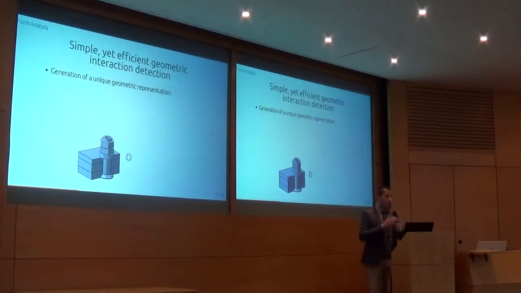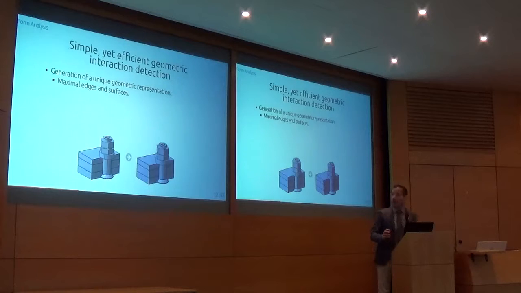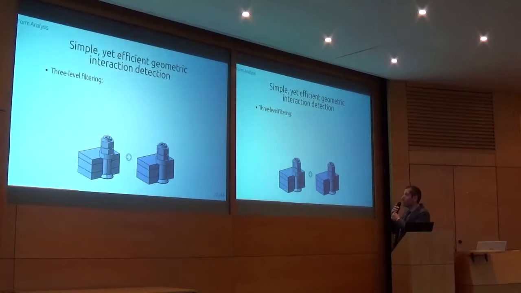Now this allows us to define a simple yet efficient geometry detection method, but before any detection can be made, we have to obtain a unique geometric representation of the model that we refer to as the maximum edges and surfaces representation. Once this is done, we go through a 3-level filtering to detect the geometric interaction that starts with a simple bounding boxes check to eliminate obvious negatives.